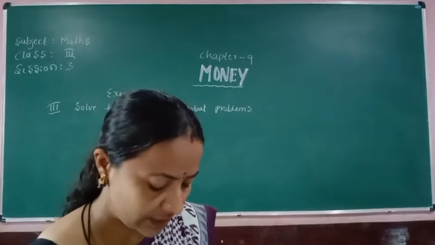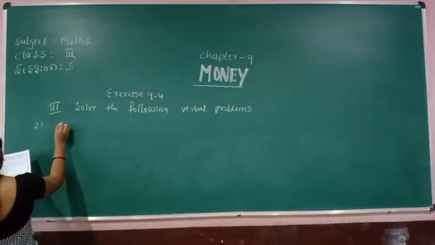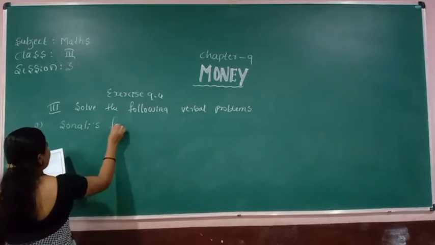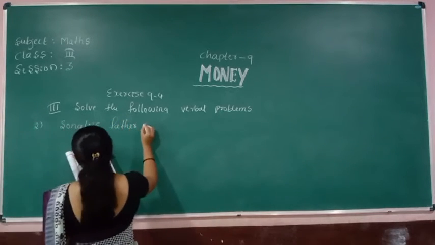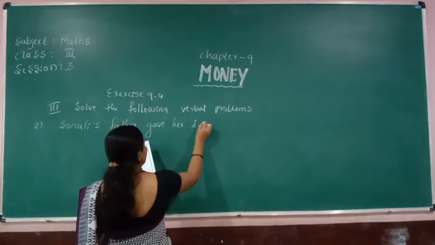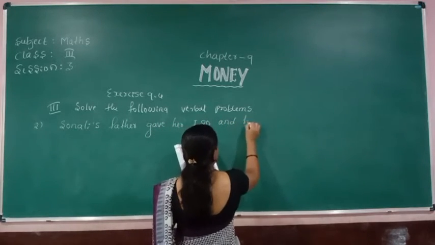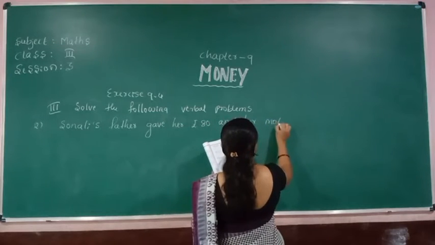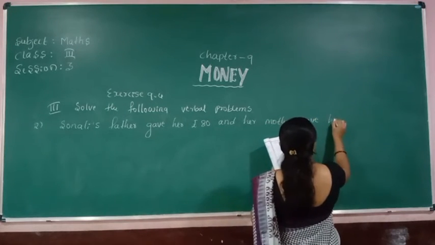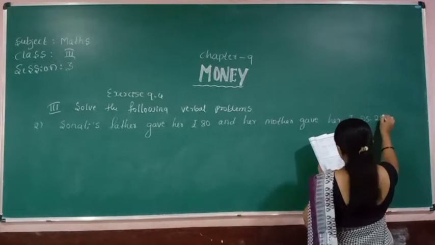Again one will do, okay, that is second one. Sonali's father gave her rupees 80 and her mother gave her rupees 25 paise.